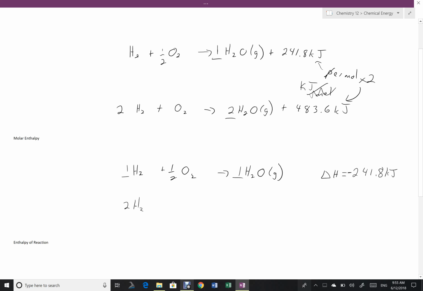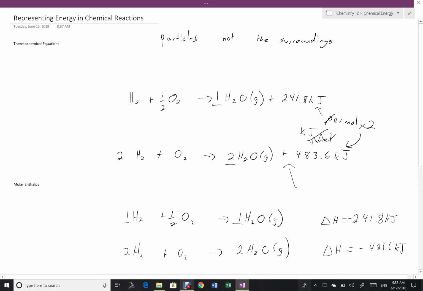If I had the general equation written as a proper balanced chemical equation with proper coefficients, no half coefficients, then of course my delta H value here would have to be twice as much, or negative 483.6 kilojoules. So I can put it right in the equation like this, or I can put it sitting off the side.